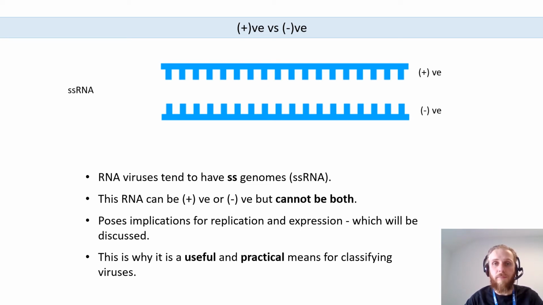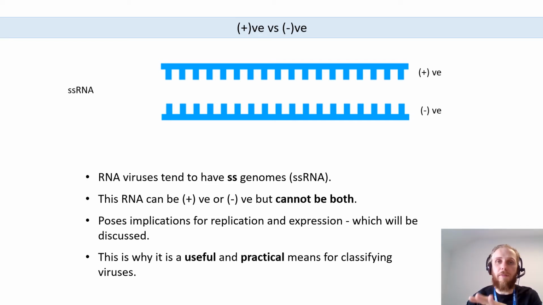So positive sense RNA genomes of viruses can just be directly translated into proteins when the virus enters into the host cell. For RNA viruses with negative sense genomes, however, this can't occur, because as we've said, negative sense genomes don't directly contain the information. They first need to be used to produce a positive sense RNA, and then this positive sense RNA can be translated into protein.